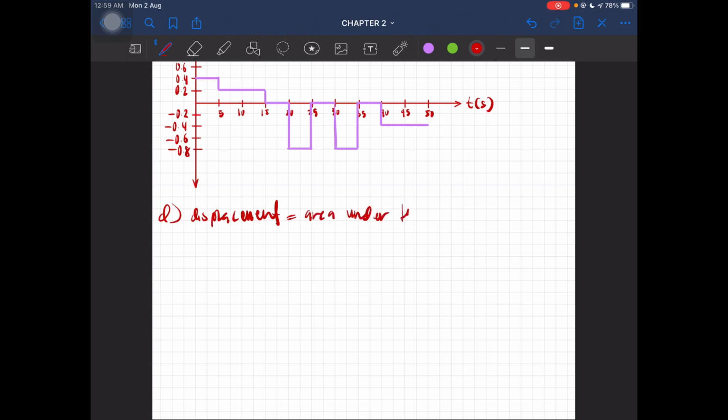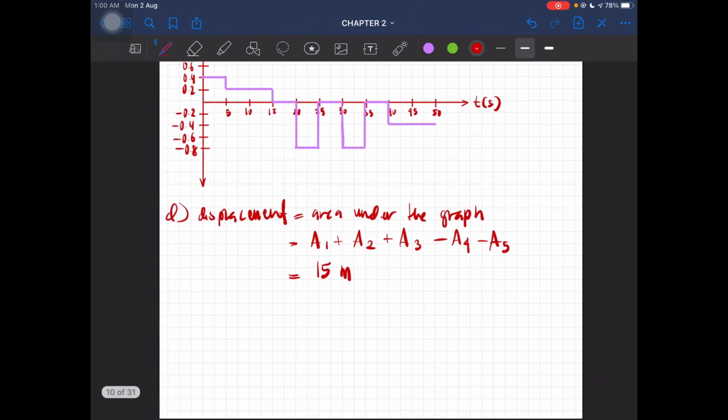However, we are considering the direction, because displacement is a vector, and since we are considering the direction, A1, A2 and A3 will be the only areas that are positive, while A4 and A5 will be negative. Okay, so just calculate that. You'll then get displacement to be 15 meter.